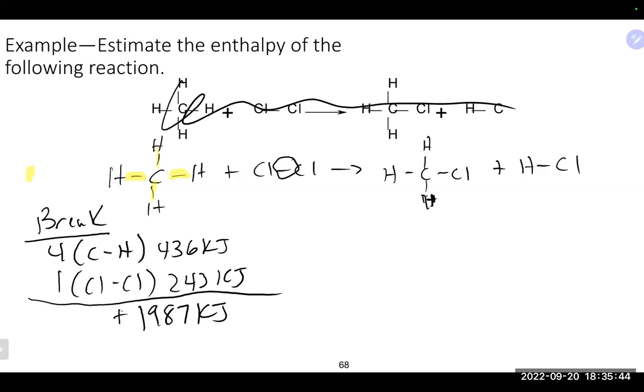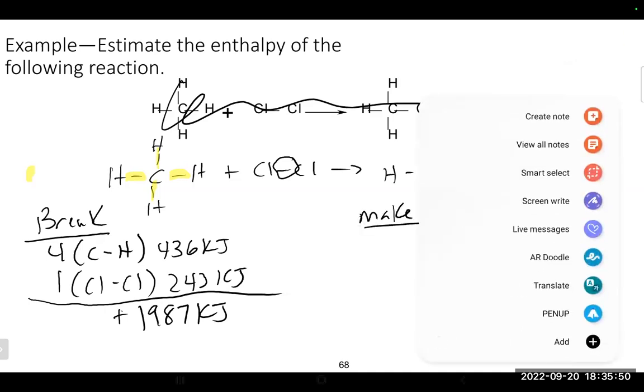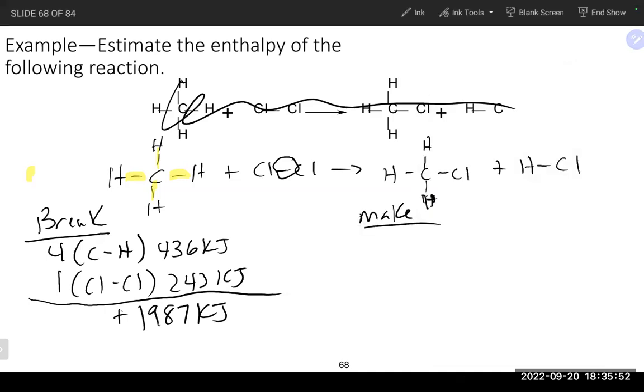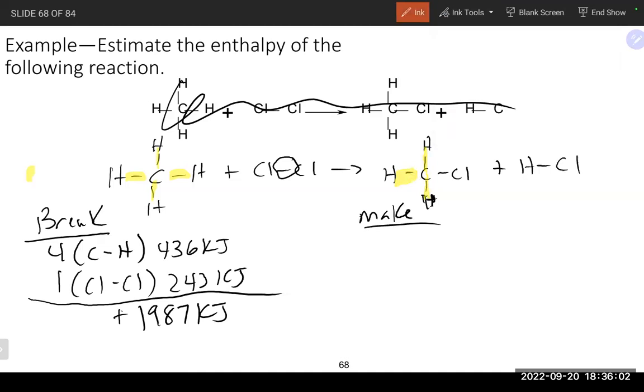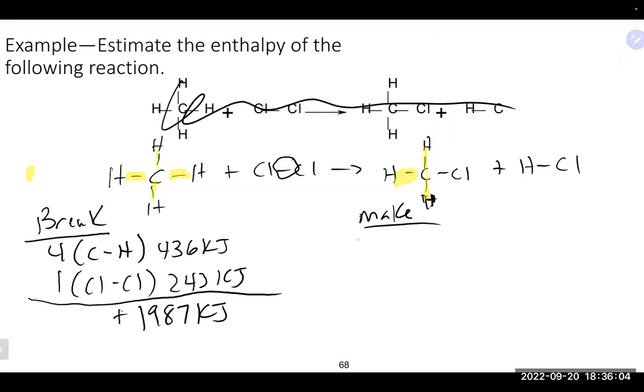Now on the other side, we need to make all of our bonds. We're going to make 1, 2, and 3 carbon-hydrogen bonds. So 3 of our carbon-hydrogen single bonds, each at 436.